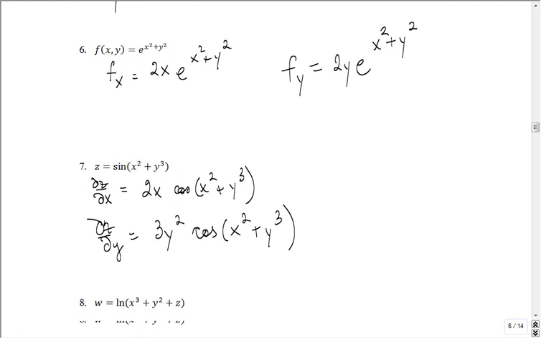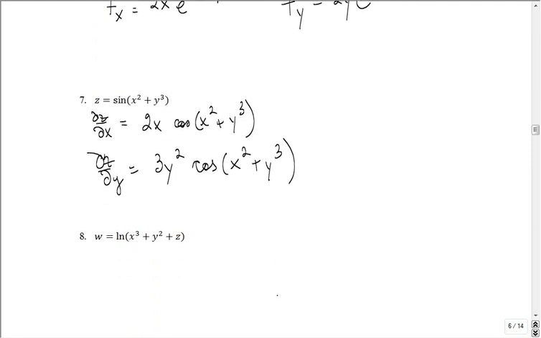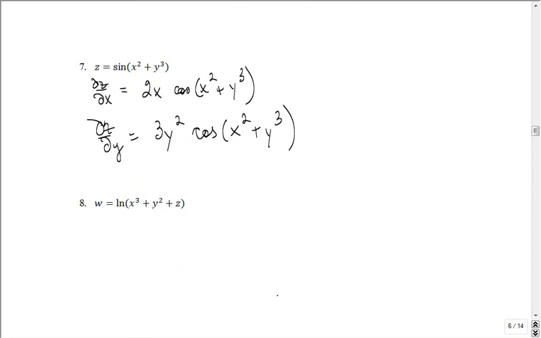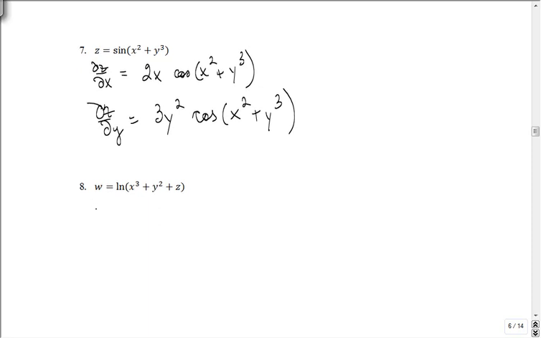There's some more. Now, if you notice in number 8, you have 3 variables, right? So that means you're going to have 3 first partials. Okay, so let's do it. The partial of w with respect to x. This is another example of the chain rule, right?